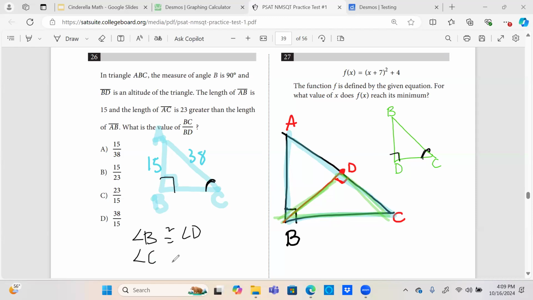So angle C is congruent to itself because that's the reflexive property. So we have by angle similarity, the blue is similar to the green. Okay, so what is the value of BC over BD? But we do not know either of those.